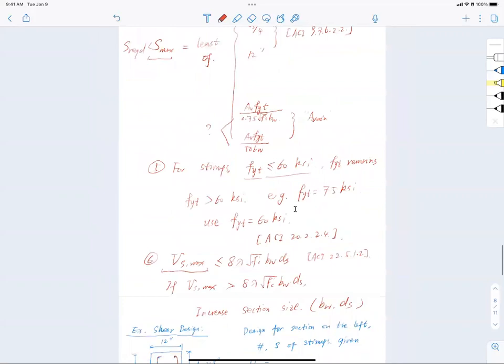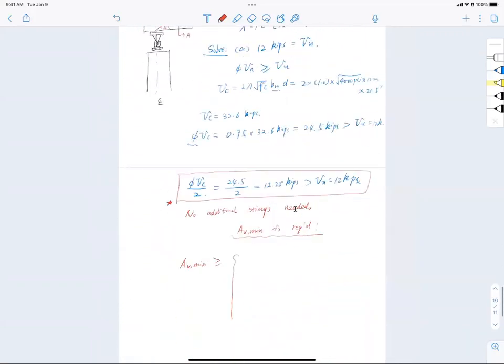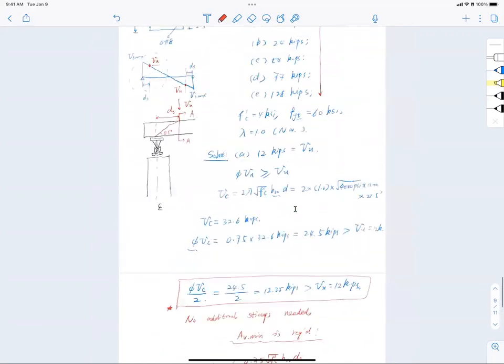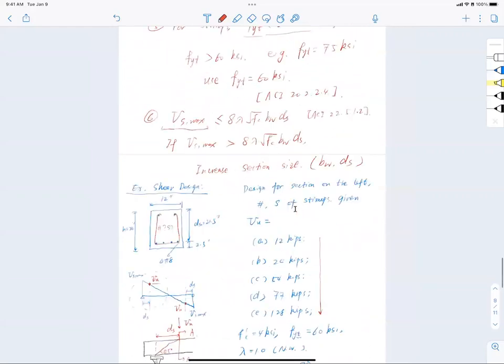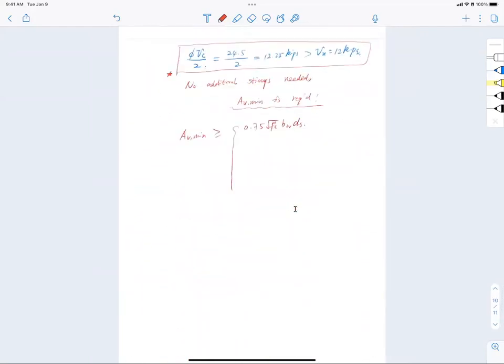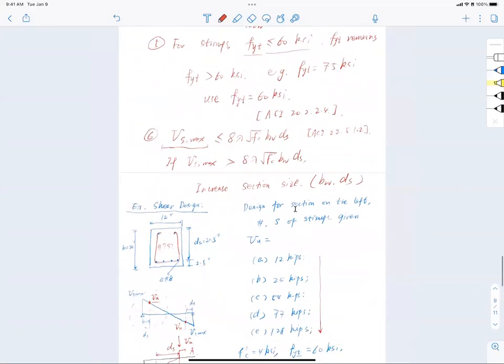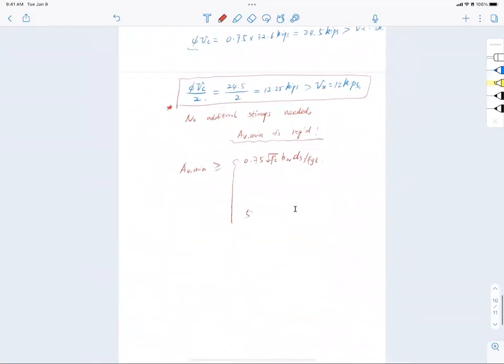One is 0.75 square root of f'c bw s divided by fyt. And the other one, my bad memory fails me today, is 50 bw s divided by fyt. So you just have to check these, and then provide enough stirrups.